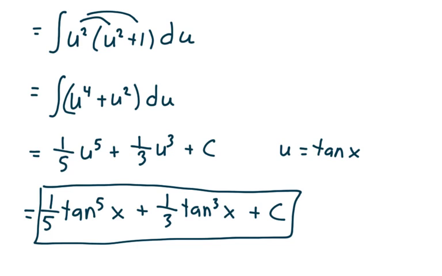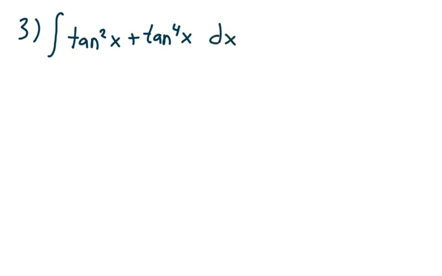Let's take a look at example 3. Suppose I'm given the integral of tangent squared x plus tangent to the 4th x dx. Now, what I'm going to do here is factor out a tangent squared x.